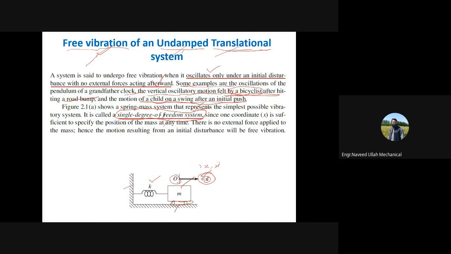अच्छा, तो you can see here that if for example you initially disturb this system, let's say you take this mass from that point to this one. ठीक है, ये initially आप disturb करते हैं, let's say by an amount x naught. And you remove that disturbance, you release the mass, right? So due to inertia it will not stay here but it will go here and it will vibrate in this manner.